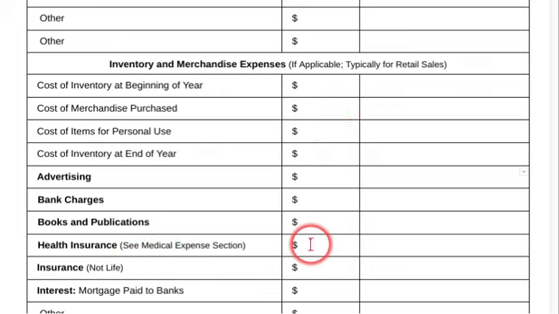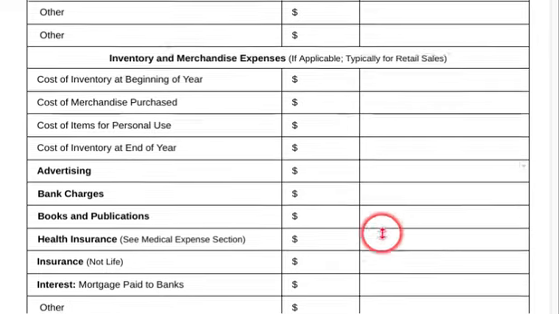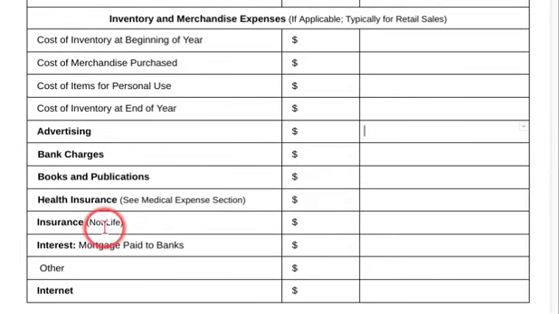Now, health insurance. If you spent any money on health insurance pertaining to that business, any insurance, not life insurance, but any other kind of insurance paid out pertaining to that business would go here. You can say what insurance it was, what the premium was, the total paid out, and what date you paid it.